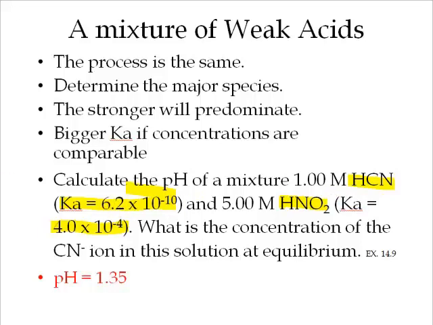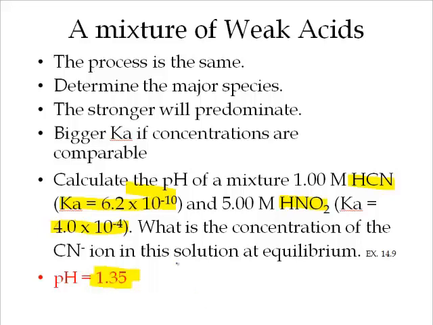So you would solve that problem normally just using the HNO2, and if you do, you'll get this answer that I have right here. If you want to practice it, try it out and make sure that you get a pH of 1.35.